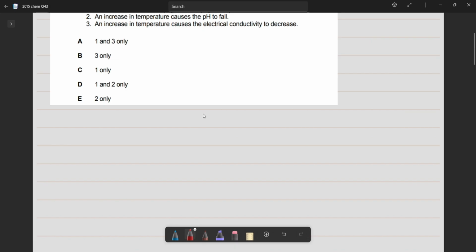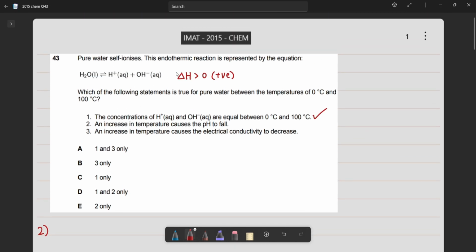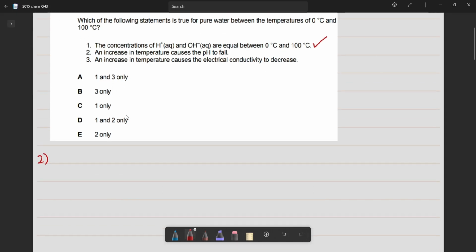Now to solve option 2, we're going to have to consider something. Since we know this reaction is endothermic, it requires energy to initiate this process. So an increase in temperature will favor that endothermic reaction.